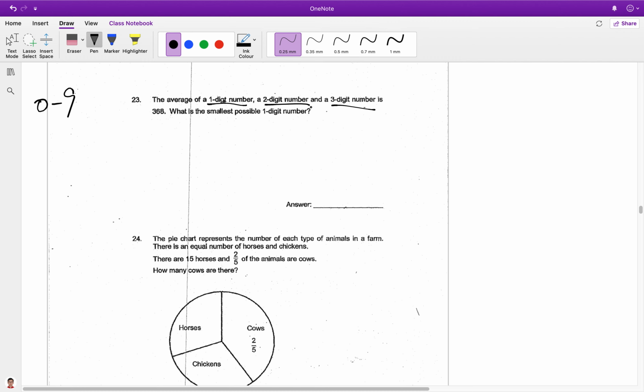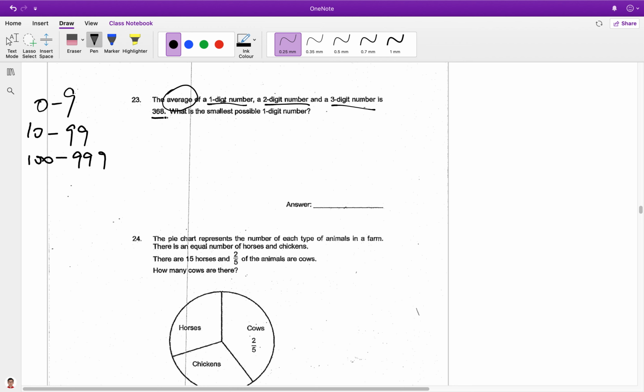How about the 2-digit number? The minimum of a 2-digit number is 10, and the largest is 99, right? For the 3-digit number, the minimum is 100 and the maximum is 999. He said the average of these 3 numbers is 368. This is a concept about averages.